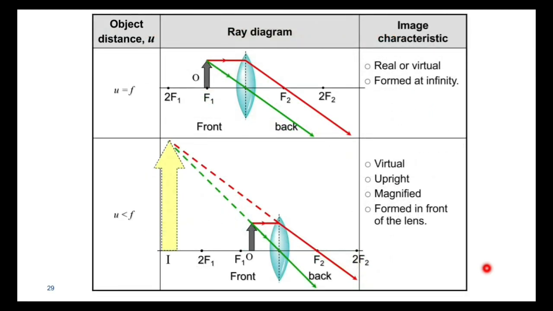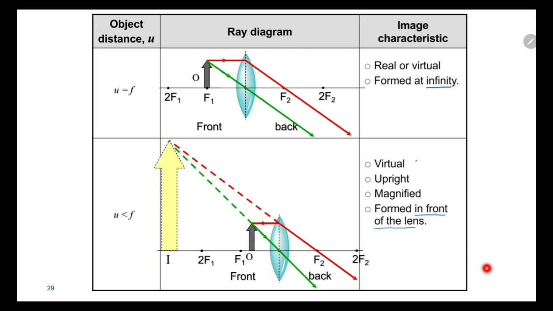If you put your object at point F, the image that you will get forms at infinity, and we say the image is neither real nor virtual. And if you locate the object less than the focal length, the image that you will get forms in front of the lens, or at the same side as the object.